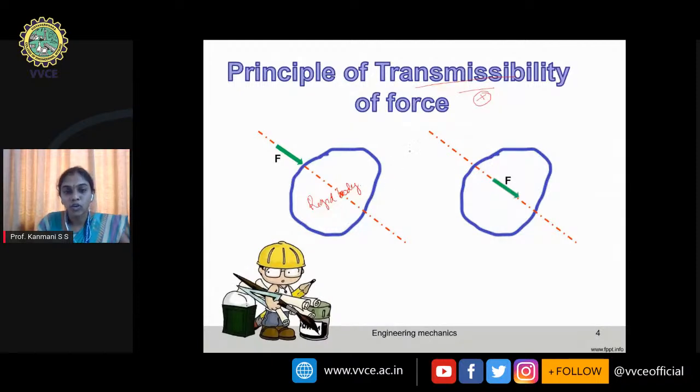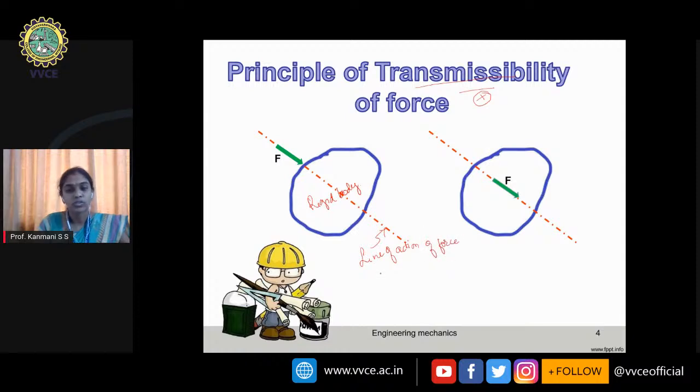That means it is not applicable to deformable bodies. So the principle of transmissibility of force is applicable only to bodies which are rigid. According to this principle, when a force is applied on a rigid body, this force tries to move the body on its own line of action of force.